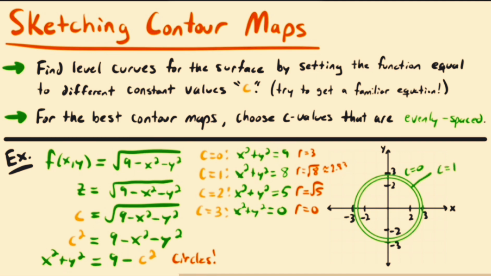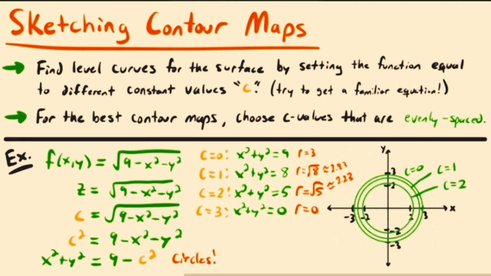Now moving on to c equals 2, we have another circle, but this time with a radius of the square root of 5. And as a decimal, the square root of 5 is approximately 2.23. And so a radius of about 2.2 would take you a little bit above 2 in each direction. All right, so that circle might look something like this. That circle would be the level curve for c equals 2.